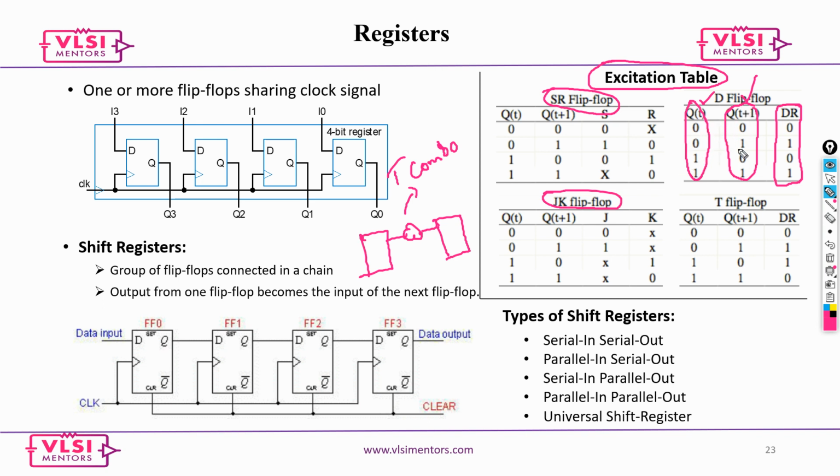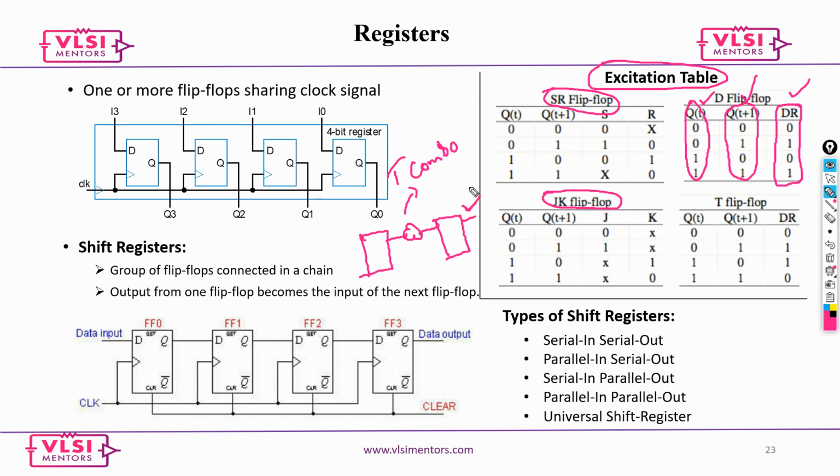This is what you are expecting. Now, what do you have to give to the D so that you get this output? That is nothing but your input. This helps you come up with the logic you want, so that you get the desired output.